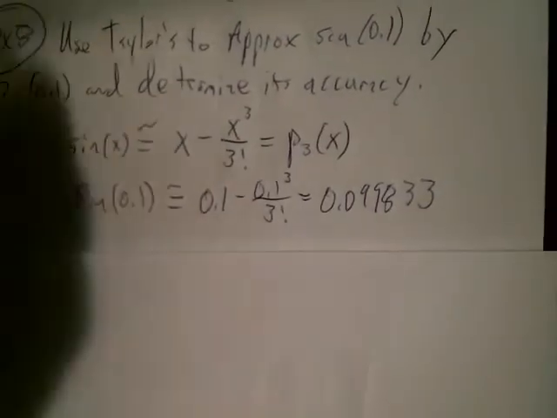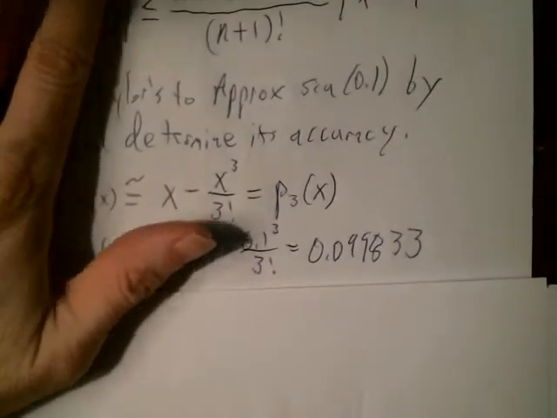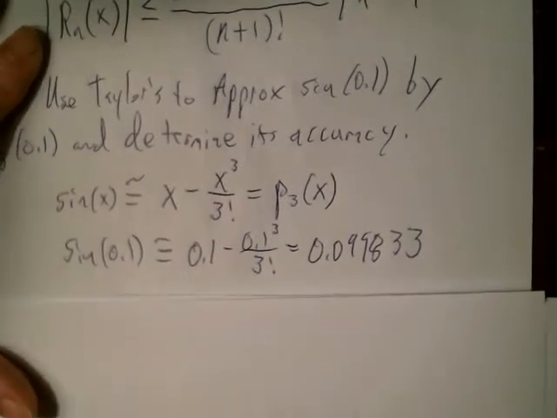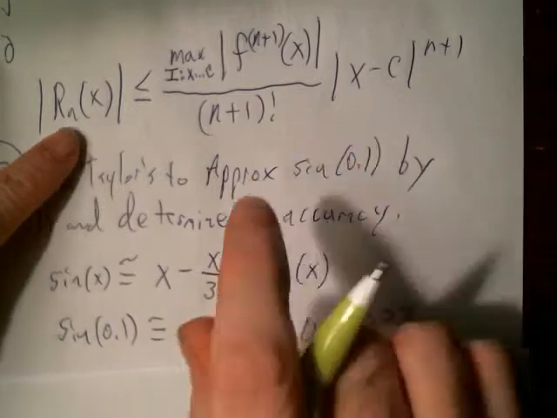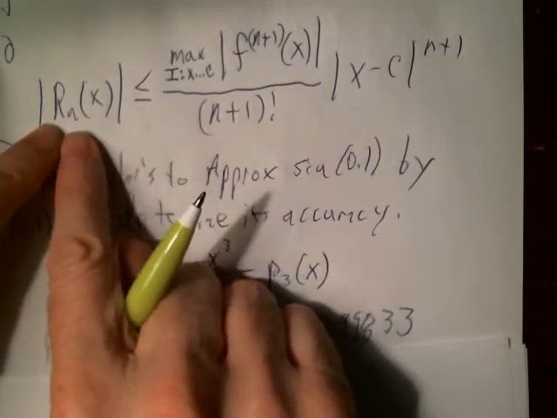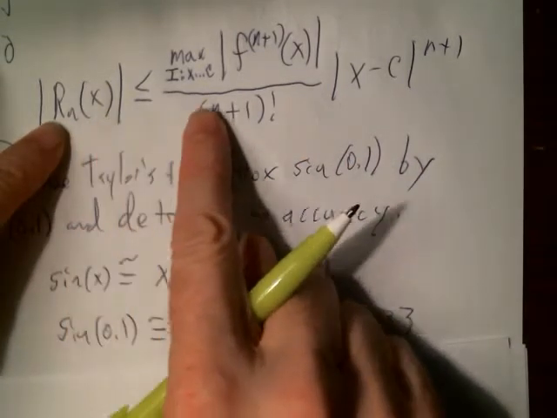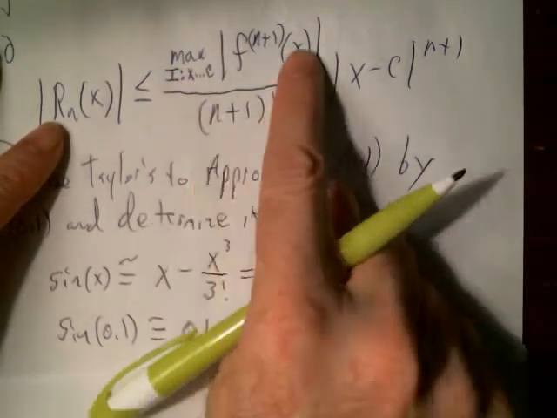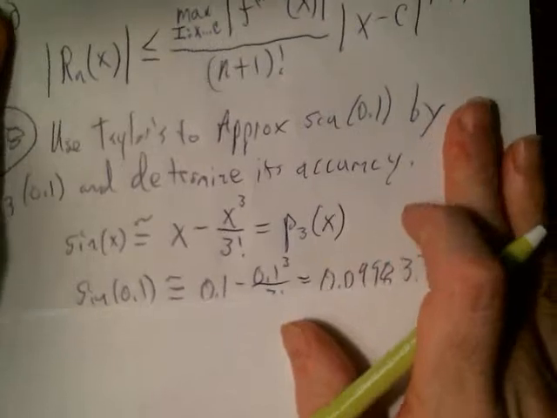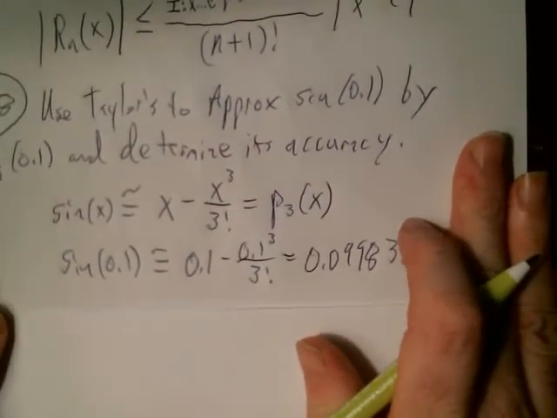To play around with this thing, there's a whole bunch of variables we need to find, right? We need to know n, we need to know x, we need to know c. We need to know what this entire expression is as well. In this case, we know some of that information.